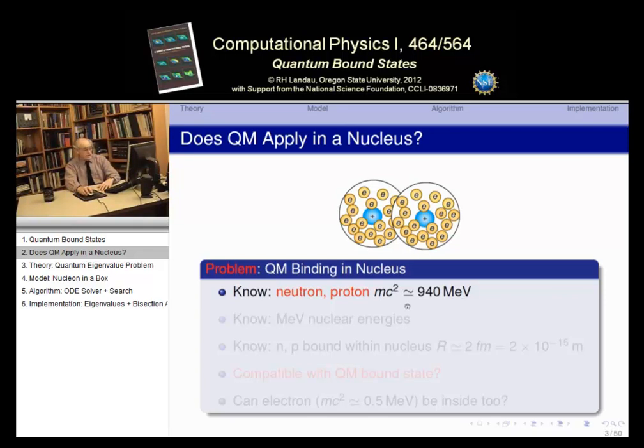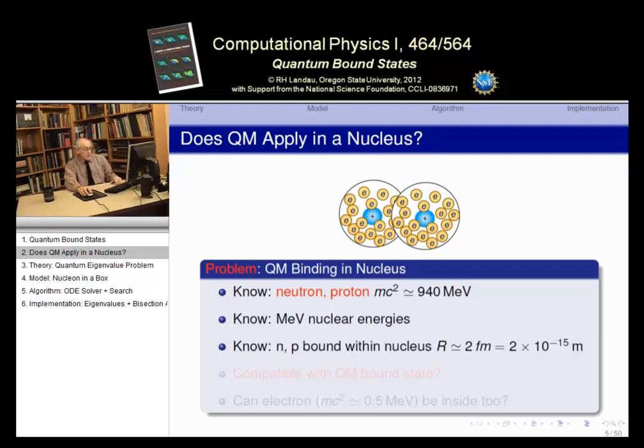That's their rest energy. We also know that inside of this nucleus, these particles seem to be filling up energy levels on the order of million electron volts. We know that because if you put that kind of energy in, you get emissions that indicate discrete transitions of those energy levels.